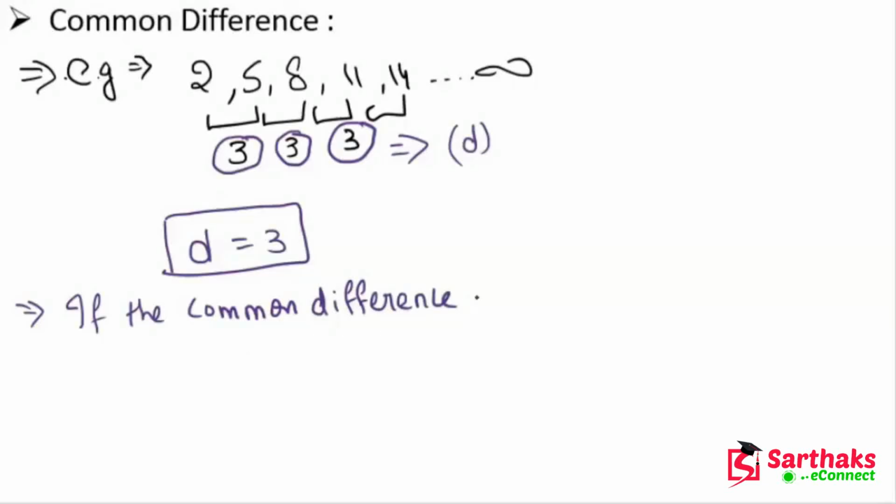The first case is, if d is positive, then the AP is increasing.